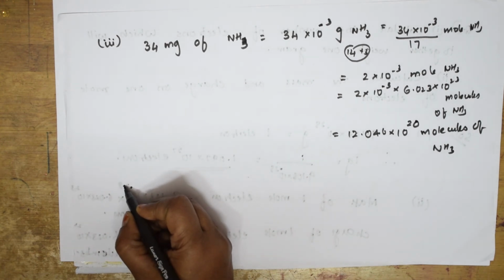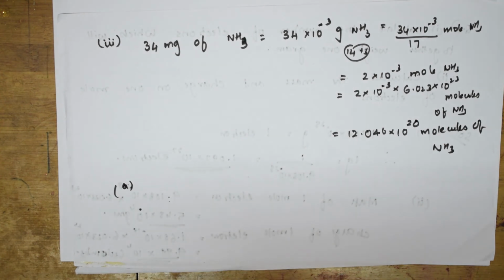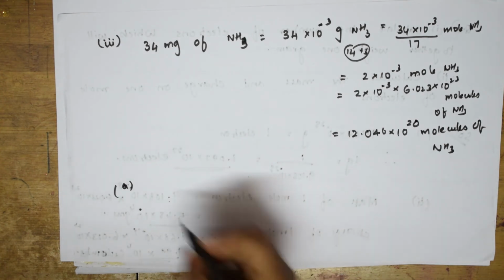So here I'm doing the A part. The number of protons in one molecule of ammonia, how many?